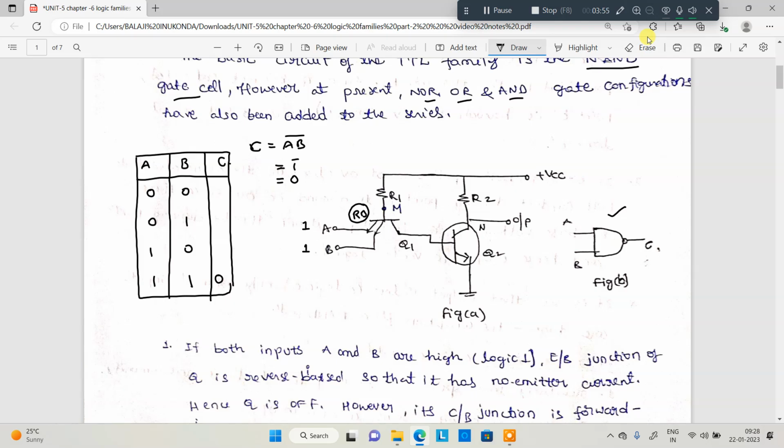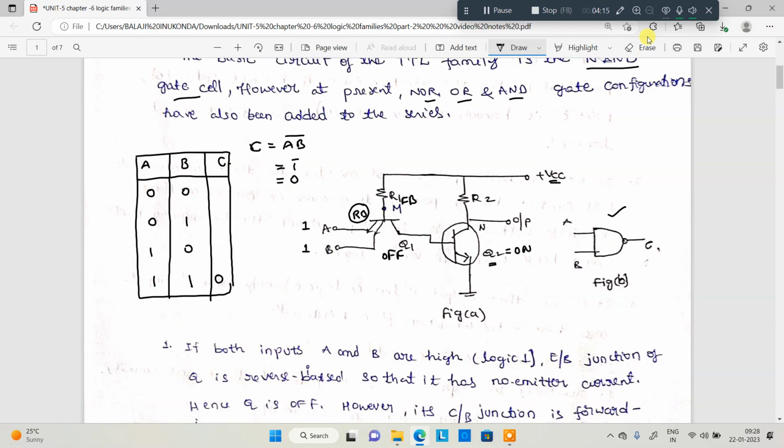What about the collector base junction? VCC is connected to it, so the collector base junction is forward biased. Emitter base junction is reverse biased, collector base junction is forward biased. Whenever it is so, Q1 is in the off state here. What about Q2? Q2 is on.